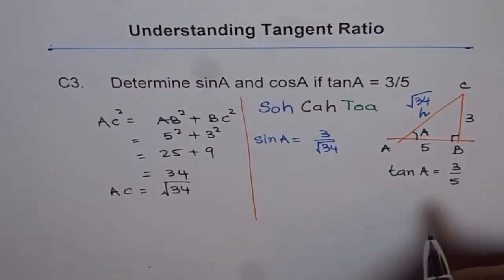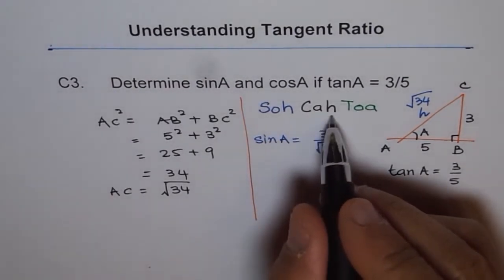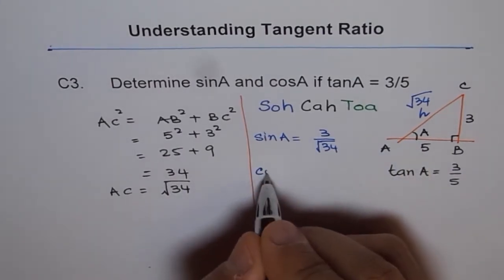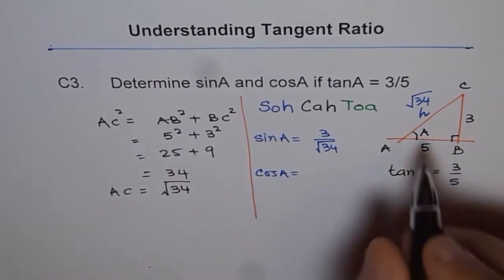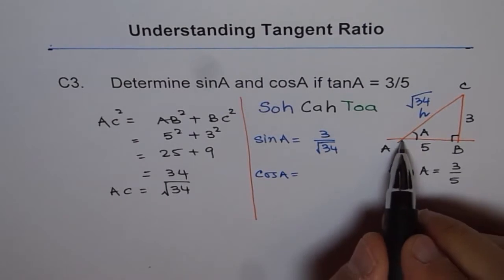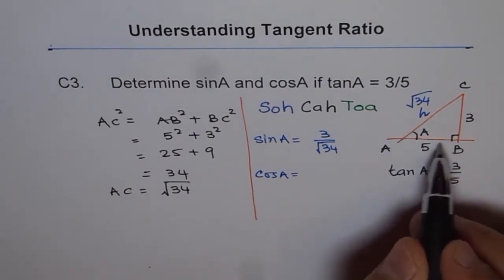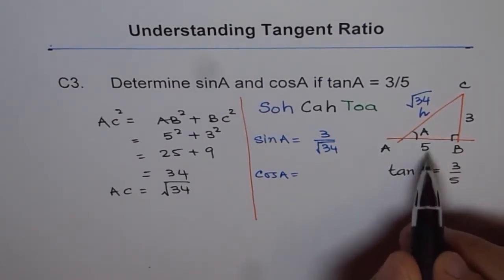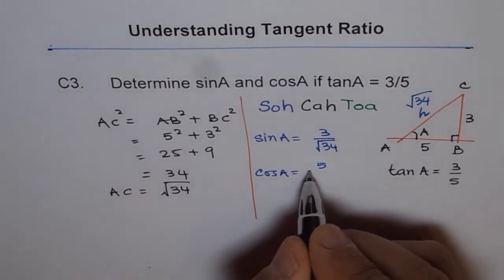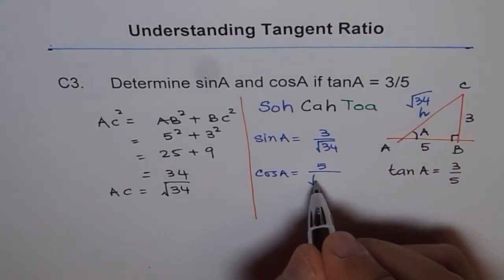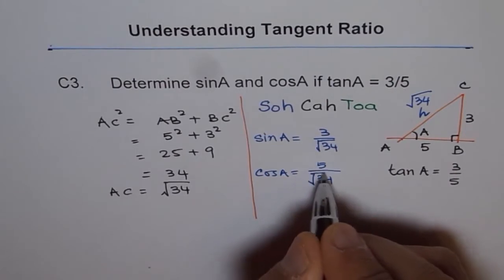Similarly, we can find what cosine of A is. Cos A is equal to the adjacent side. Adjacent is the side between the angle and 90 degrees. So between A and 90 degrees is 5, over the hypotenuse, which is square root of 34.